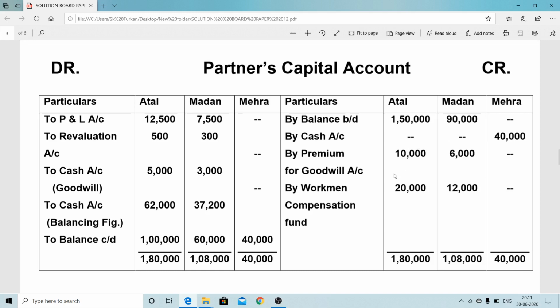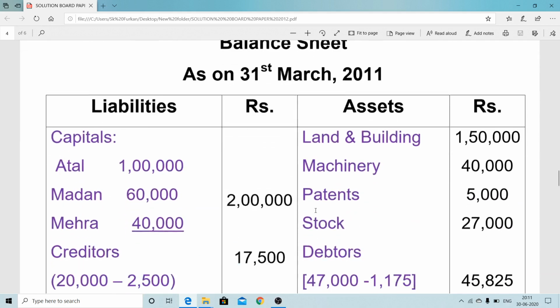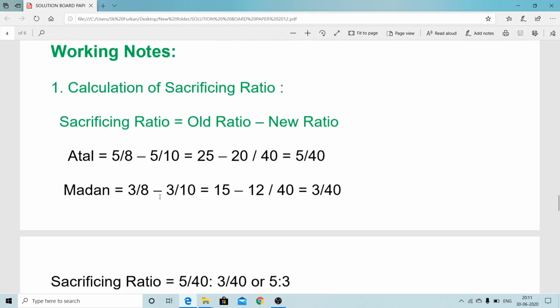So once we can see what the sacrificing ratio is, whether the old one is sacrificing, or that it is different, we can come to know from the working note. Calculation of sacrificing ratio. Sacrificing ratio equals old ratio minus new ratio.